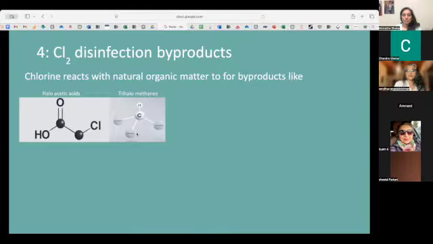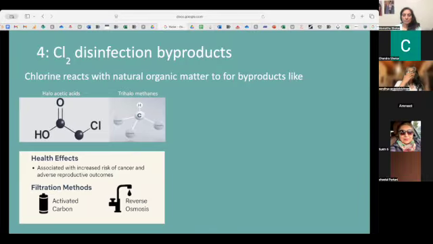So these have been highlighted with some risk, specifically related to bladder cancer, and less studied are some reproductive outcomes.